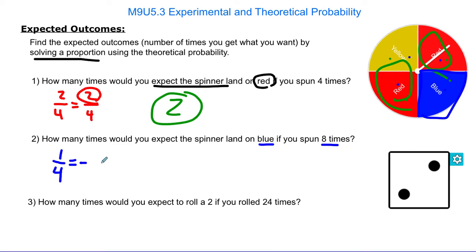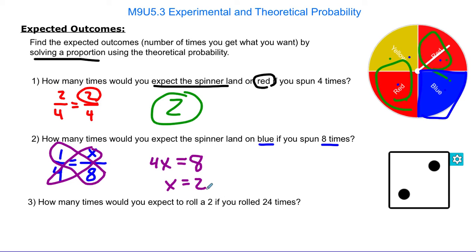It's a proportion, and you can write it like this. This is my probability. 1 out of 4 times will be blue. So how many out of 8 times will be blue? And then you solve by cross multiplication. You'd say, all right, well, 4x should equal 8 times 1, or 8, and you divide by 4 on both sides, and you get 2.